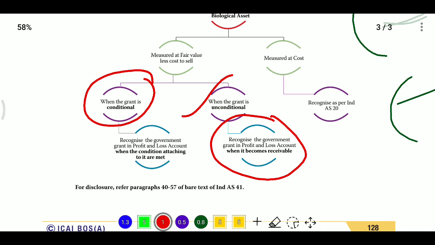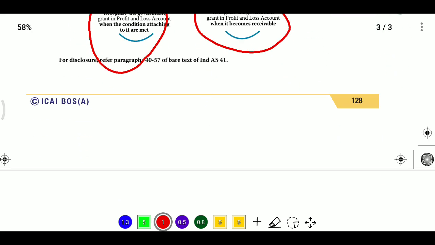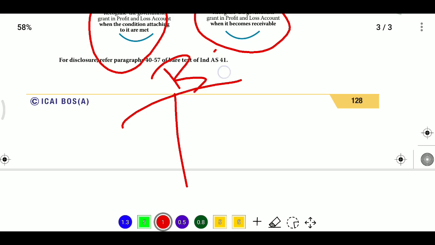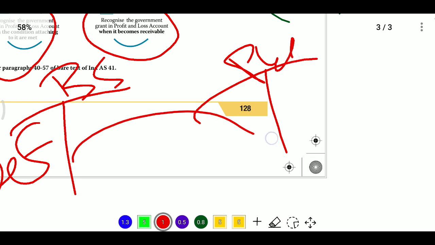If it is fully refundable in case of failure to meet the conditions of the grant, then we need to recognize deferred income in the balance sheet and transfer it to P&L when all conditions of the grant are met. So in the balance sheet we recognize the deferred income, and in profit and loss we transfer it whenever we meet all the conditions.